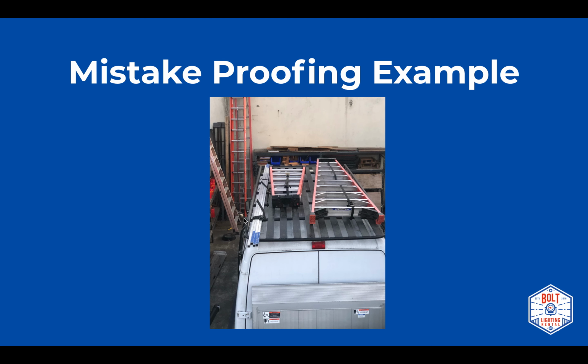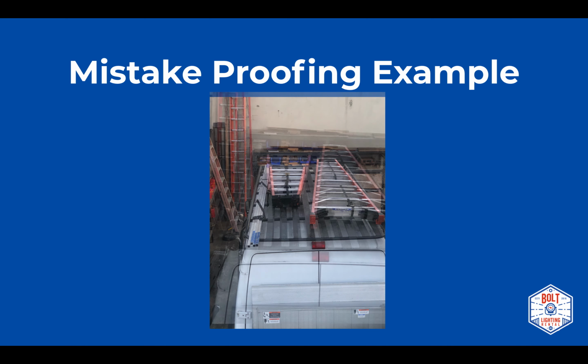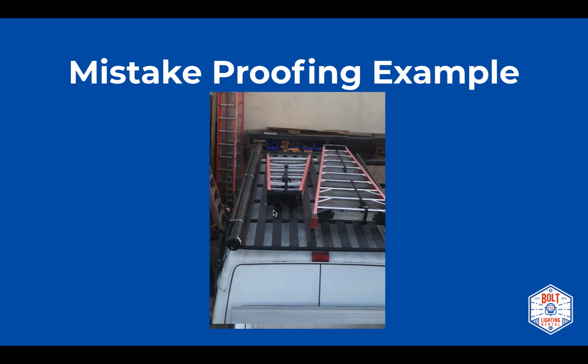We don't really know who's renting the trucks or their skill level, so we just thought that this was kind of dangerous. So what we ended up doing was putting a 12-foot tube on top of the truck. That way, all they had to do was unscrew this and pull it out, and it's definitely a lot more mistake-proofed than the previous version.